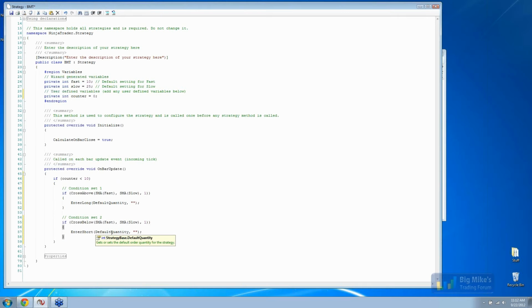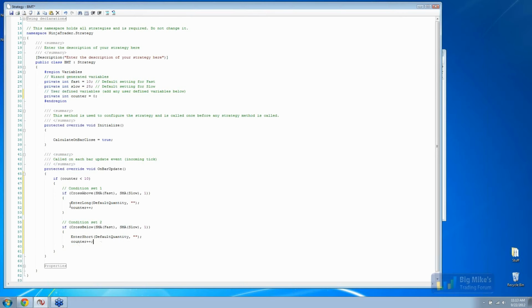And then the way the counter knows how many trades you've done is you actually need to increment it. So if, let's say we went into a long trade here, we want to go ahead and go counter plus plus, which basically just means our counter gets incremented by 1. So if it's 0, it gets added to, so it becomes 1, 2, 3, and so on and so forth. And if we go into short positions, we also want to increase our count over here as well.